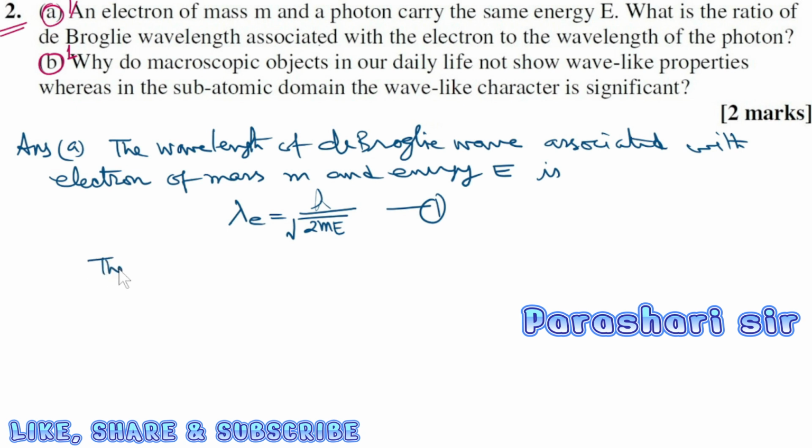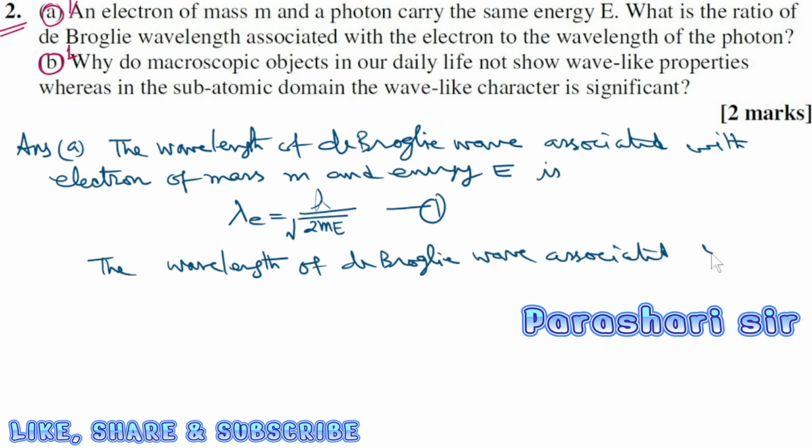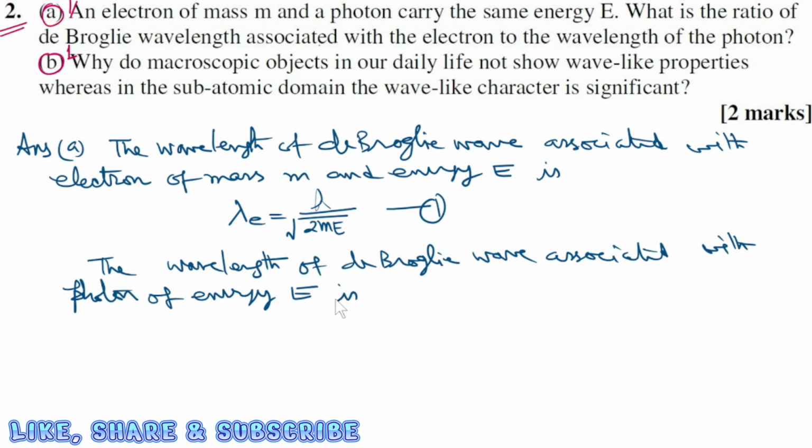Now the wavelength of de Broglie wave associated with photon of energy E is lambda of photon equals hc by E, relation number 2. And according to the question, we are supposed to find the ratio of de Broglie wavelength associated with electron to that of the wavelength associated with the photon.